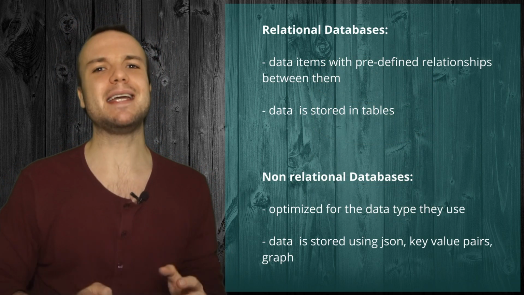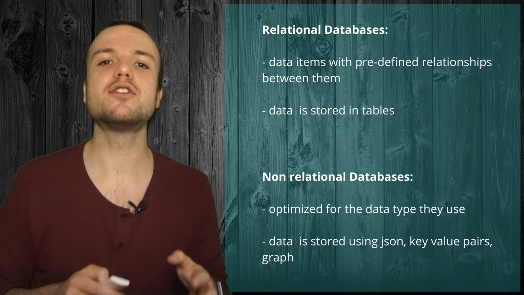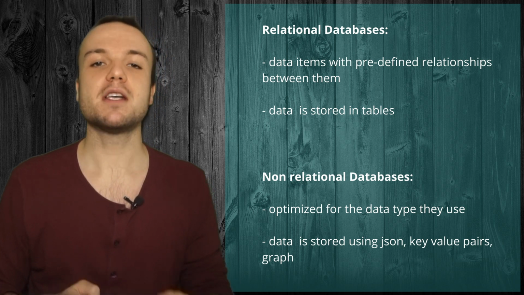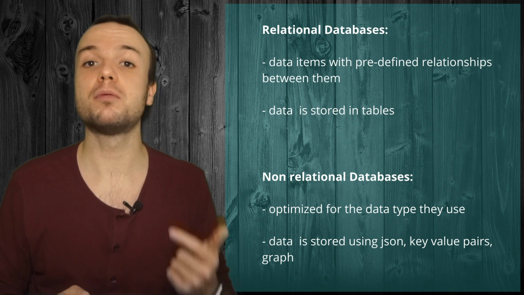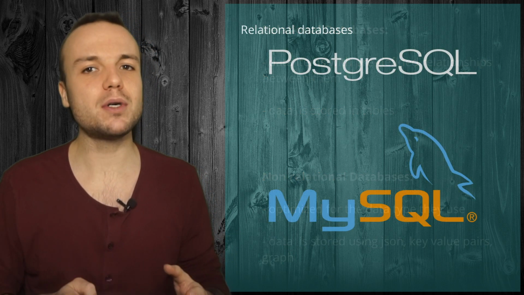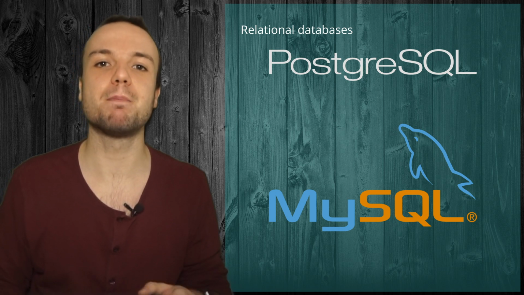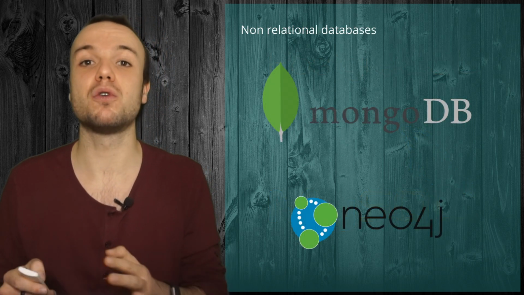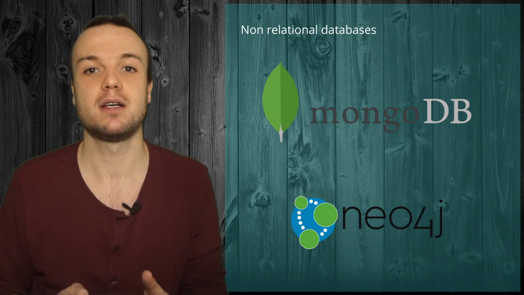The former are databases that store information using tables, while the latter use a storage model that is optimized for the type of data that they use. Some examples of these storage models are key-value pair, JSON, or graph databases. Postgres and MySQL are probably the most used database technologies belonging to the relational category, while MongoDB and Neo4j are some widely adopted non-relational databases.